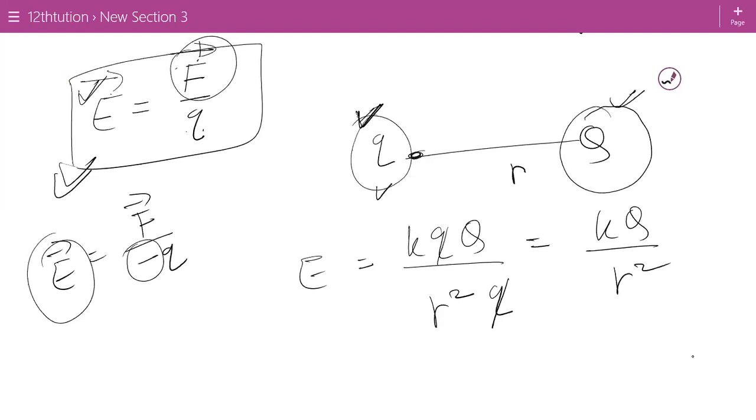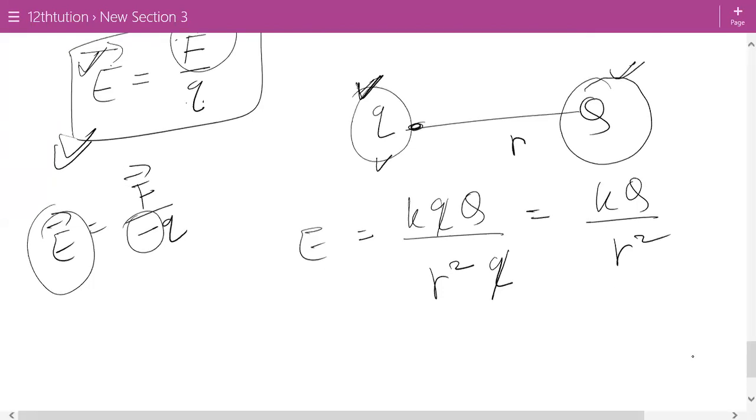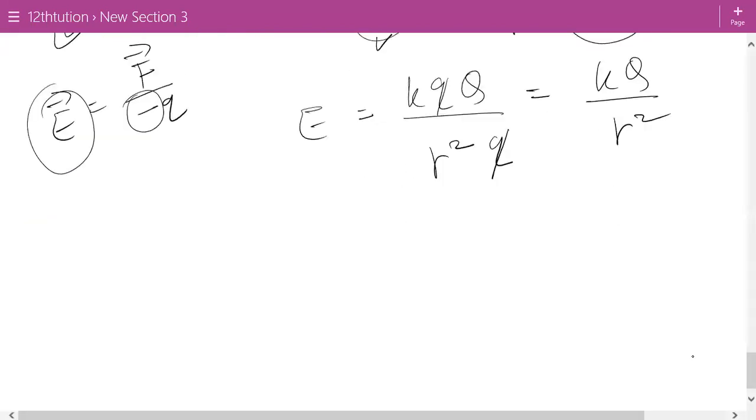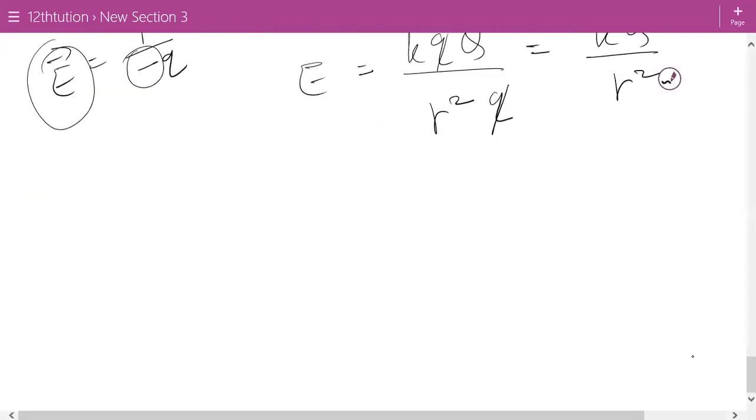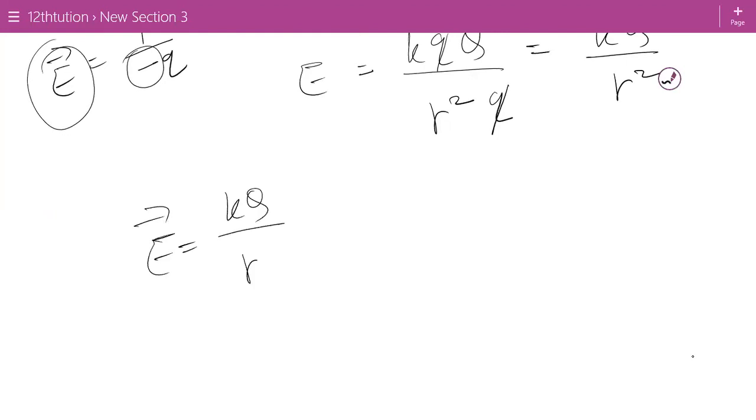Understand? Because the direction of force was in the radial direction for both of the positive charges, E vector can be written as KQ divided by R square R cap. It means along the line, the direction will be along the line.